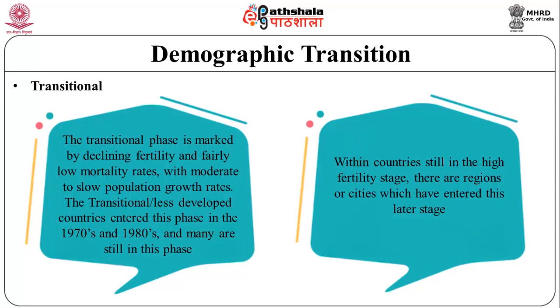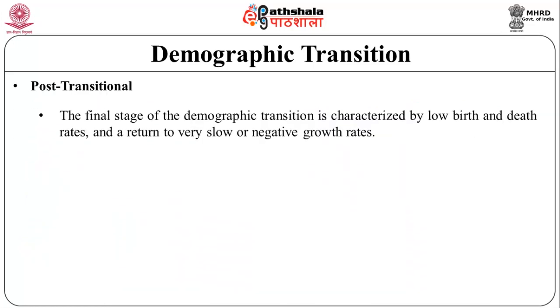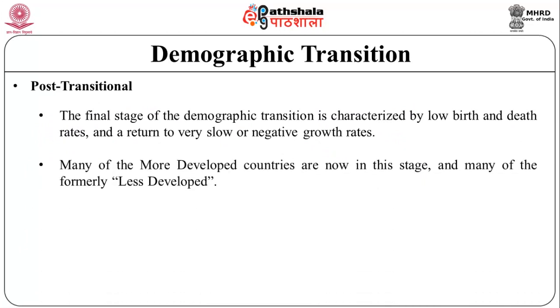Within countries still in the high fertility stage, there are regions or cities which have entered this later stage. Now, post-transitional is the next one. The final stage of the demographic transition is characterized by low birth and low death rates and a return to very slow or negative growth rate in the population. Many of the more developed countries are now in this stage, and many of the formerly less developed countries.